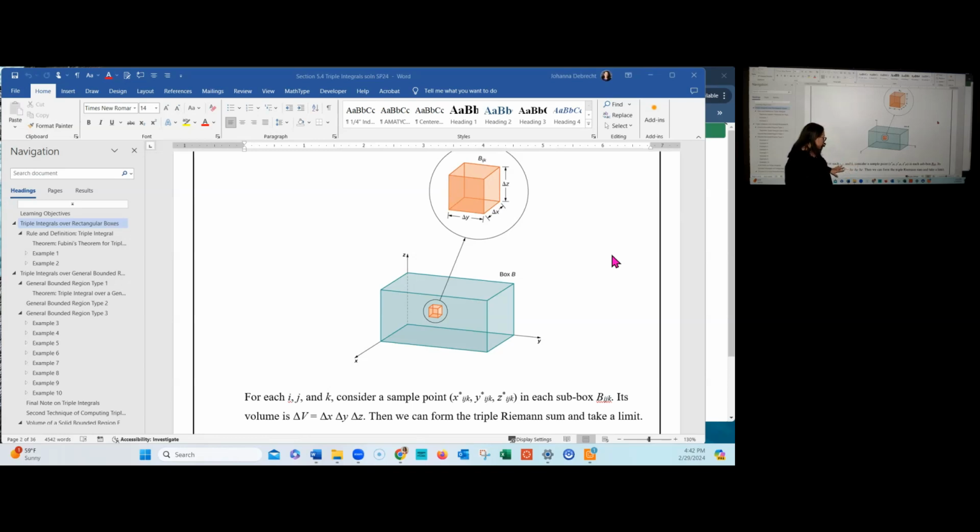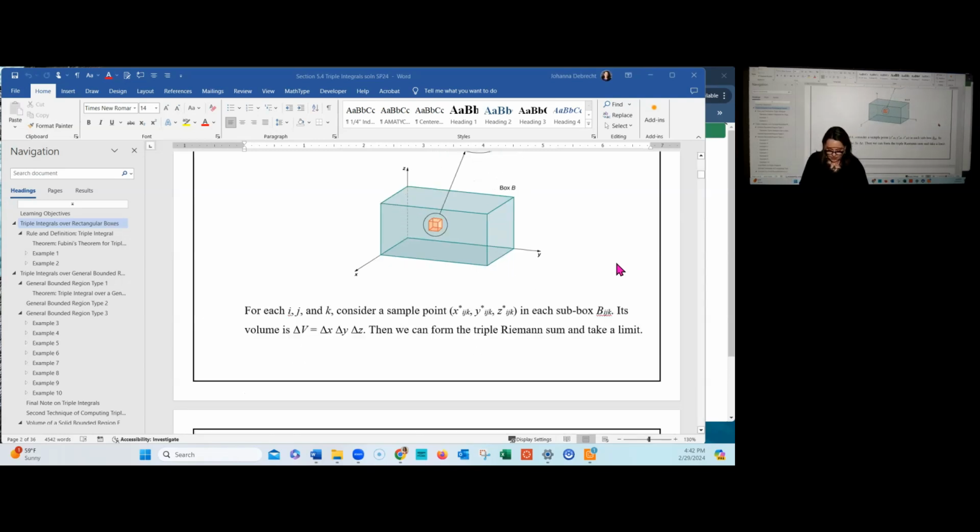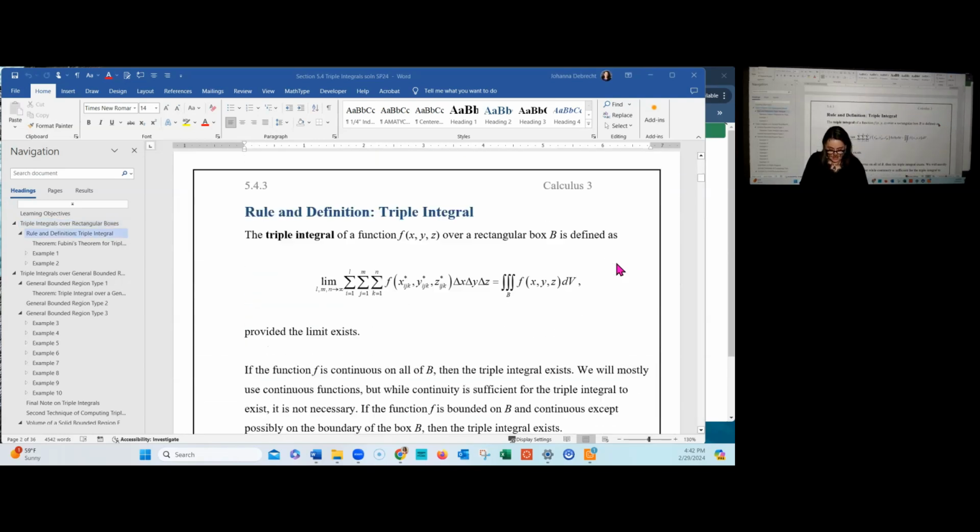So what we're going to do now is we're going to take some point, x sub ijk star, y sub ijk star, and z sub ijk star. And we're going to find the volume of each sub-box, which is delta x, delta y, delta z. And we're going to form a triple Riemann sum and take the limit. Let's take a look at the formula for the Riemann sum now.